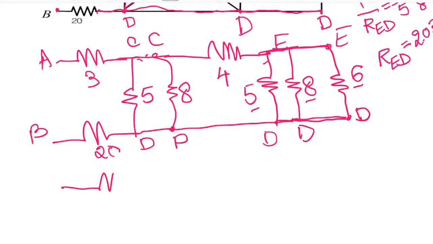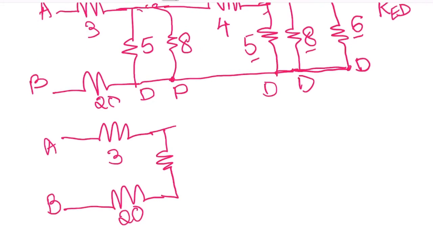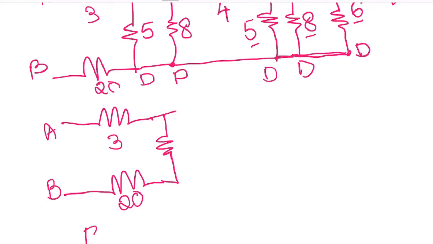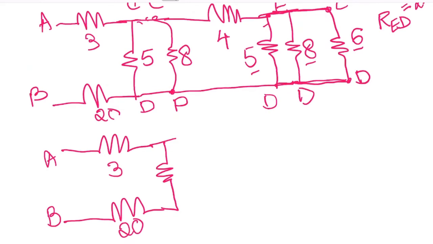Now, redrawing the circuit, this is 20 ohms, this is 3 ohms, this is A and this is B. Now, across C and D, the 5 ohms and 8 ohms are in parallel. Whenever it is in parallel, what is the equivalent resistance across C and D? Why are they in parallel?